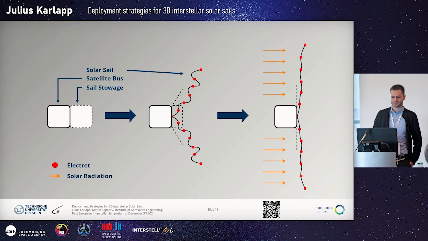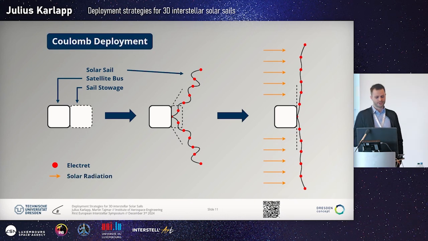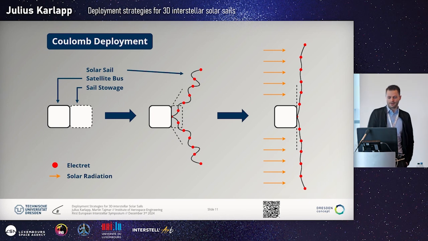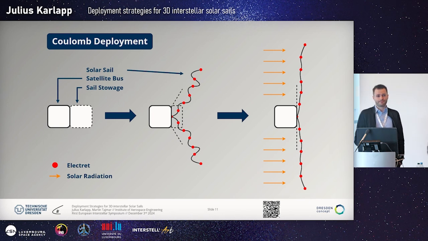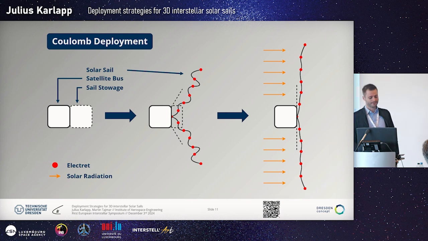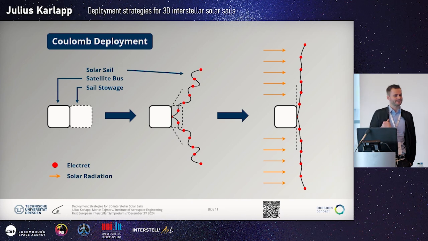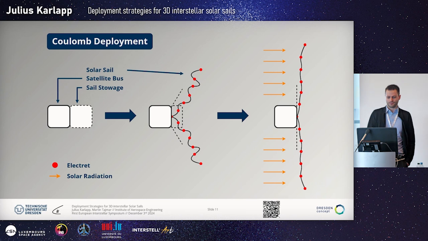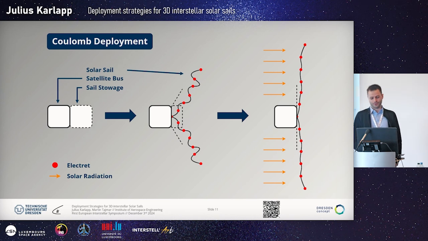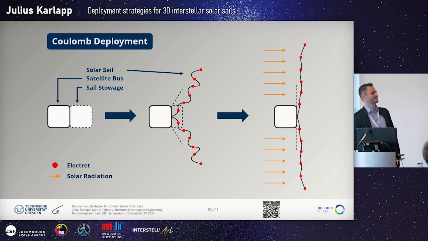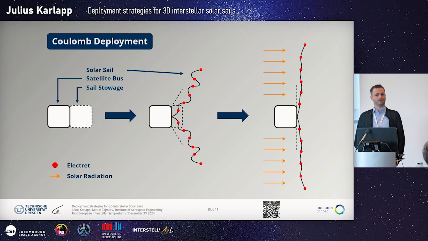After the full deployment, the cell and its payload will detach from the main satellite and start its journey. This also converts the spacecraft into a hybrid sail by additionally using those electrodes as an electric sail to surf along the solar wind. We have not looked into detail how this will work, but we will in the future.